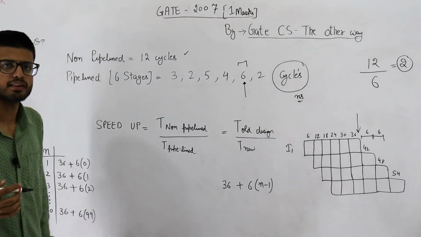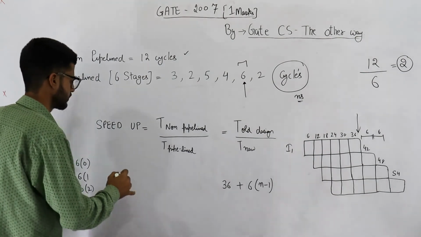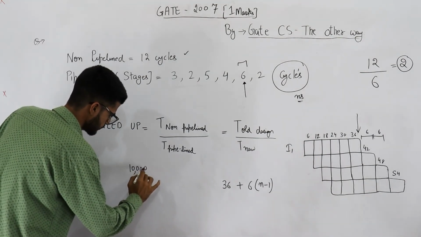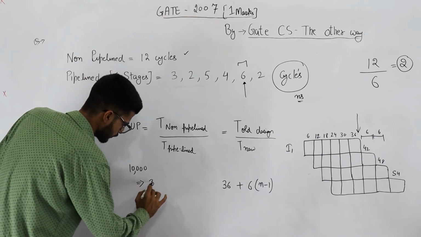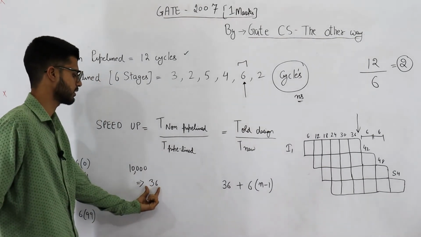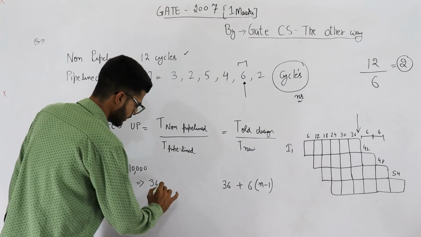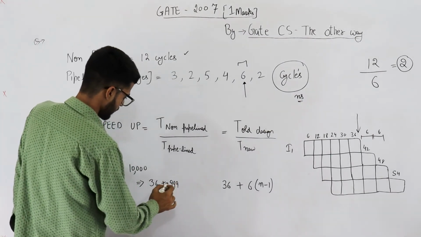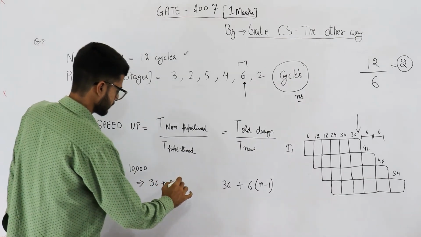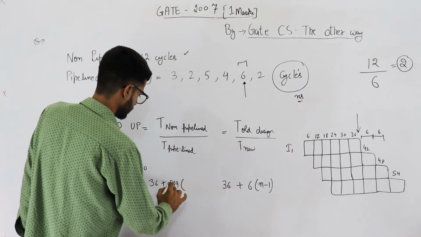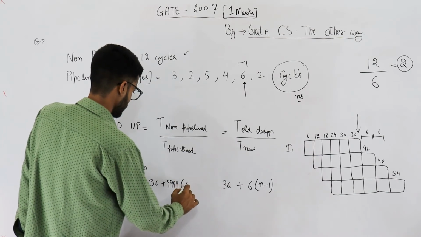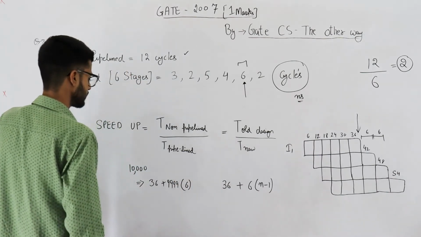If n is, say, a very large number, say n is 10,000, for this, the formula will be first instruction requires 36 cycles and the remaining 9,999 instructions, they require 6 cycles each.